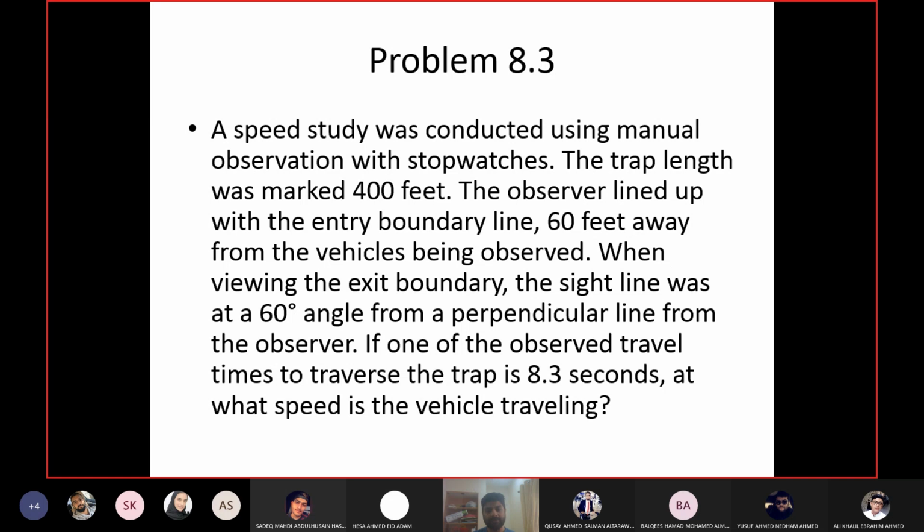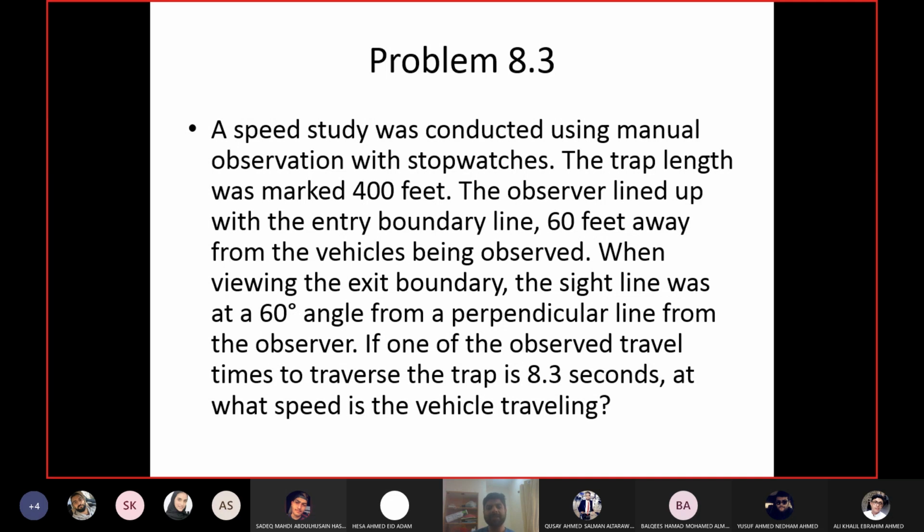They do not know why you are writing on paper or holding a stopwatch. Then they will not drive normally. They may drive too fast, or most of the time too slow. So we stay away from the road so that the drivers are not cautious of us and drive normally, because we need the speed in normal conditions.